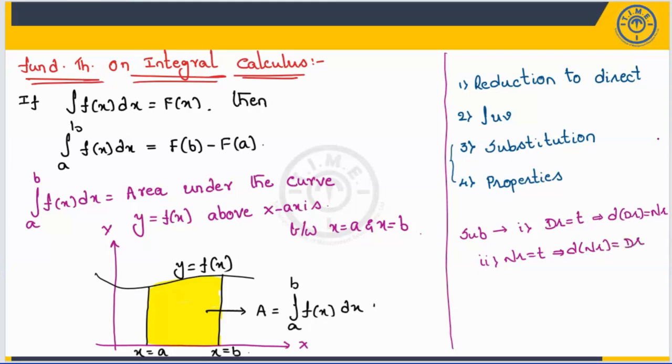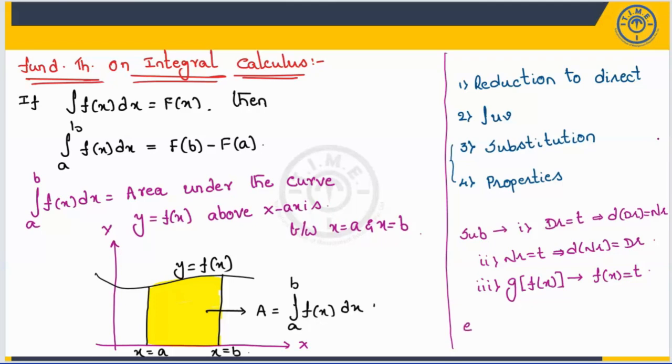If we are not getting that, and we have a function inside another function, that means g of f of x, then close your eyes and directly substitute f of x equals t.